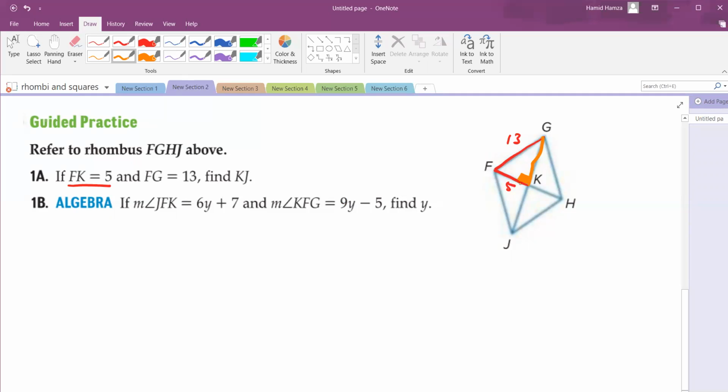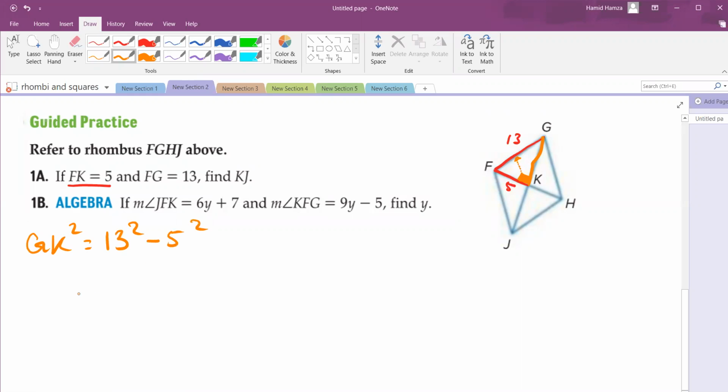The hypotenuse is opposite to 90 degrees. This is the 90 degree angle. So 13 is the hypotenuse because it's opposite to 90 degrees. JK is one of the two legs. The second leg is 5. So if the leg is missing, JK squared equals the hypotenuse squared minus the second leg 5 squared.